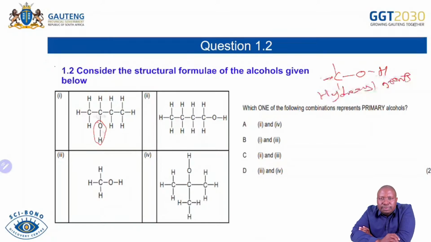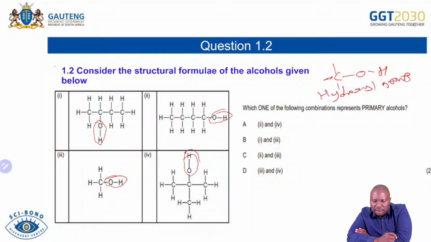Now, if you look at the first option there, which is Roman figure 1, we're having the OH in this position. Roman figure 2, the OH is in that position. Roman figure 3, the OH is in that position. Roman figure 4, the OH or the hydroxyl group is in that position. So we define an alcohol based on the position of the hydroxyl group, the functional group.